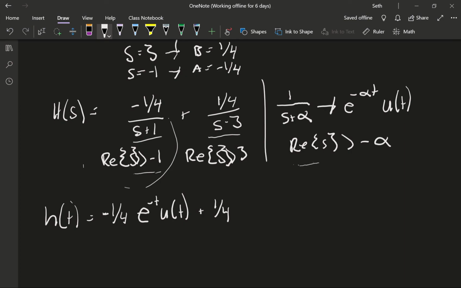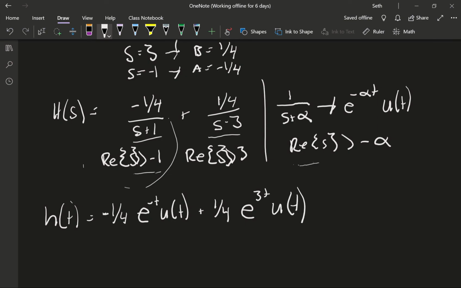That's true. Our region of convergence is for all values with the real part of s greater than 3. That's the right half plane to the right of the rightmost pole. So we get 1/4 e to the, alpha here is -3, so +3 t u(t).